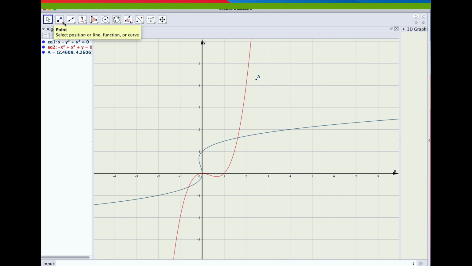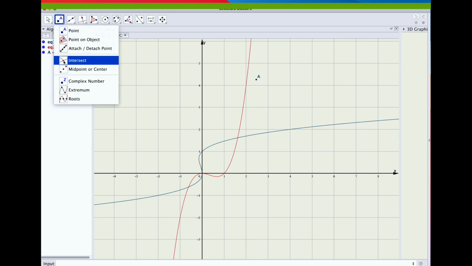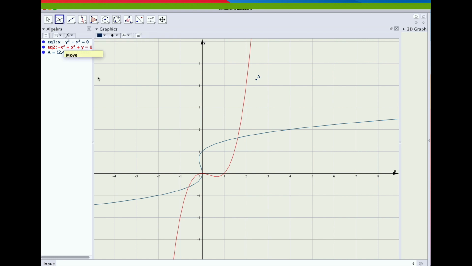Let us see if GeoGebra can give me the intersection points. So I choose this, and I click here, and I click there. Yes. So I have three intersection points. The one Rocco guessed was correct, 0 and 0. But there are other answers that we were not able to guess.